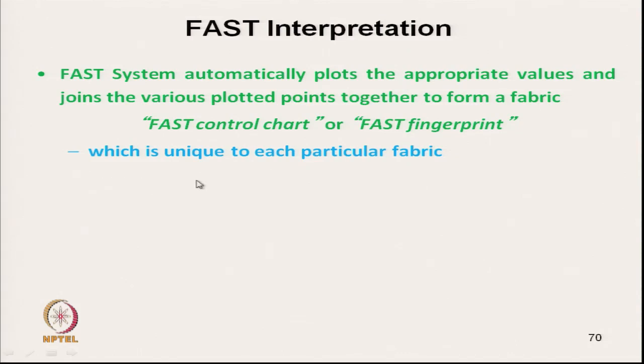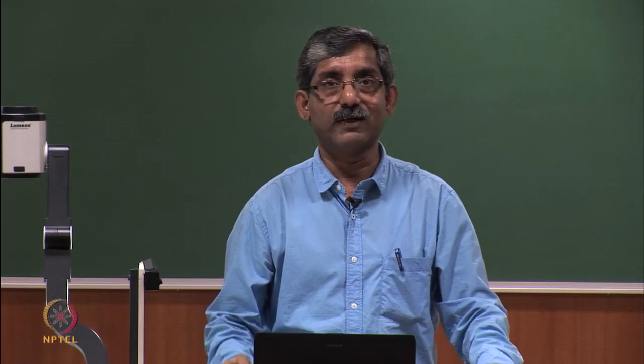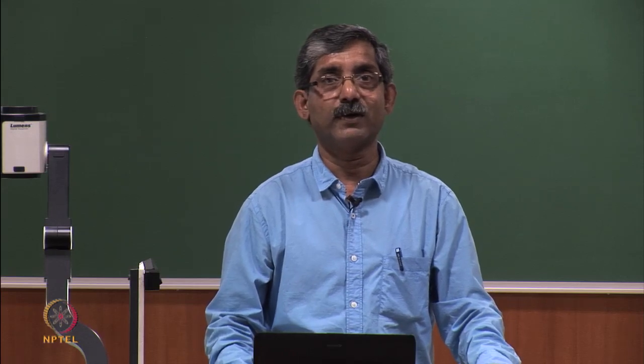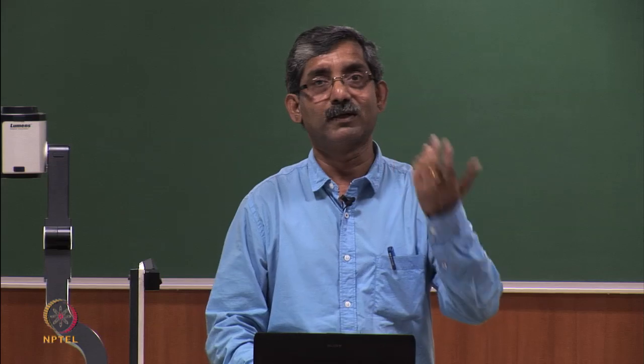The fabric FAST control chart and the fabric FAST fingerprint are the same, which is unique to each particular fabric. Every fabric will get a different fingerprint. Each value in the fingerprint has a separate scale showing a graphical representation of the range of values in the appropriate unit, for hygral expansion, extensibility, formability.